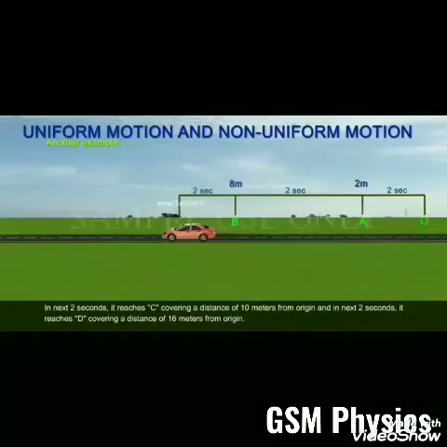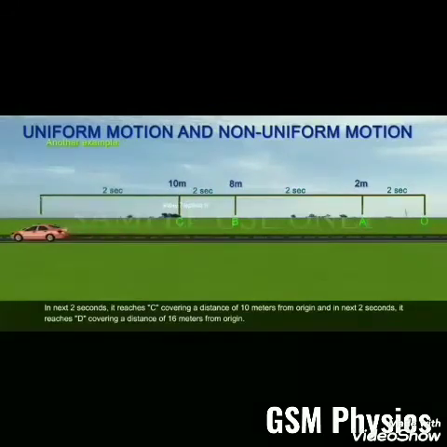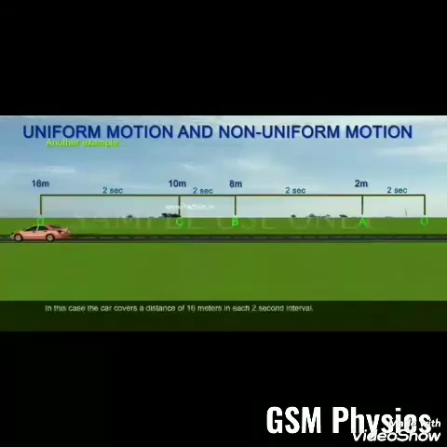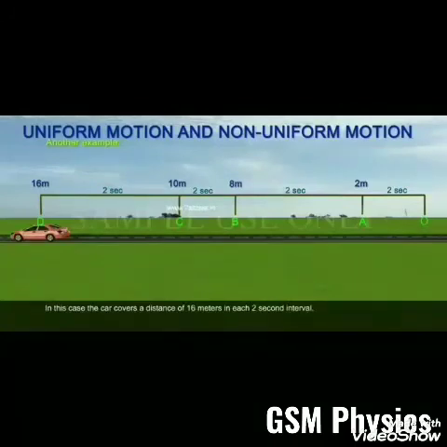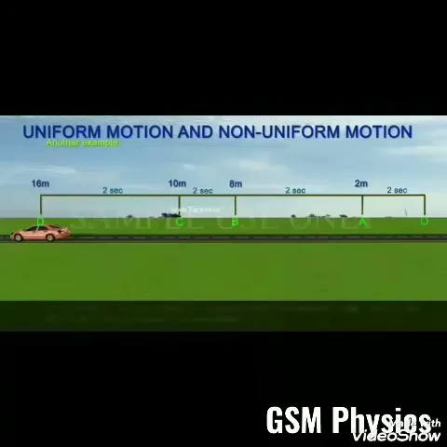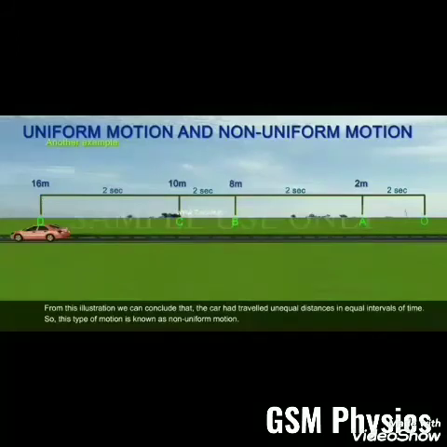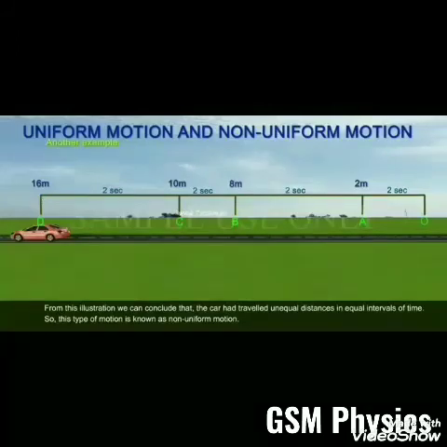In the next 2 seconds, it reaches C covering a distance of 10 meters from the origin. And in the next 2 seconds, it reaches D. In this case, the cord covers a distance of 16 meters. From this illustration, we can conclude that the cord has travelled an unequal distance in an equal interval of time. So, this type of motion is known as non-uniform motion.